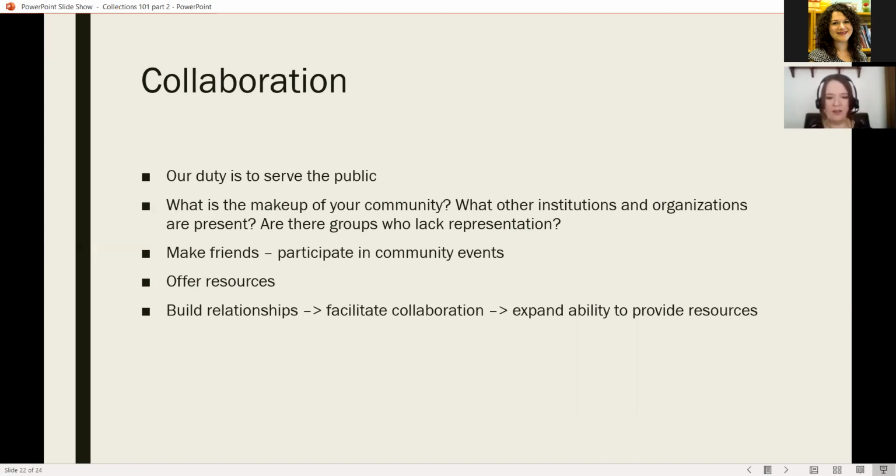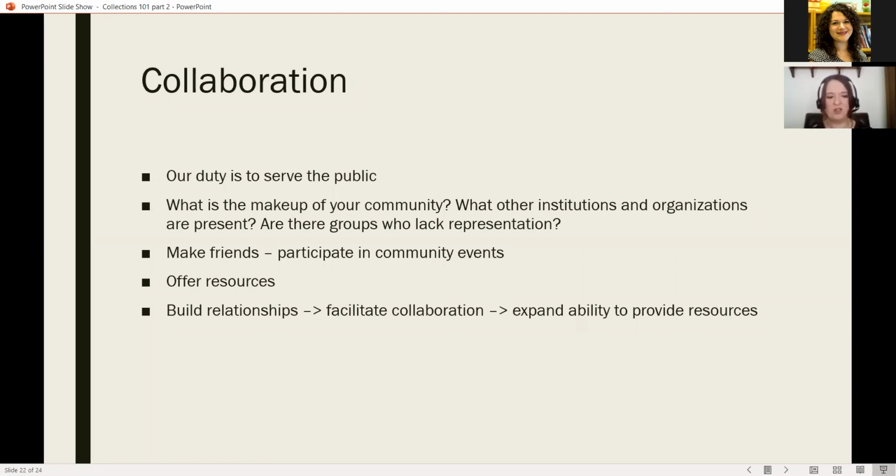I'm a very introverted person, so for me, getting to know people is a slower process, but it's important to go out into the community and make friends, essentially. You can't just go up to random people and say, hey, come to our board meeting. That's going to be kind of off-putting, and I certainly wouldn't attend if something like that happened.